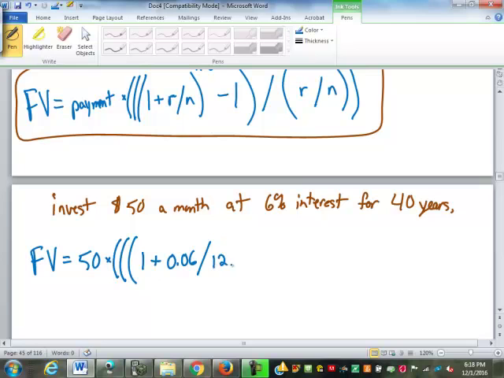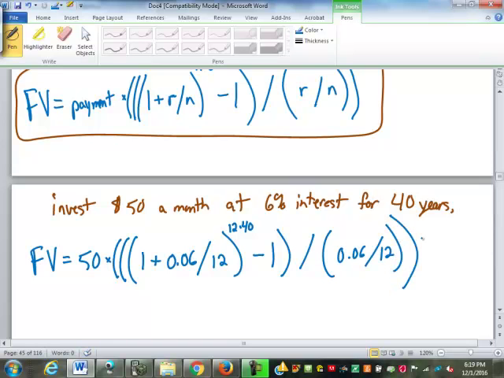So divided by 12. Close parentheses to the power of 12 times 40, minus 1, close parentheses, divided by, open parentheses, 0.06 divided by 12. Close and close. Now again, just because it's easier for me, I'm going to cross off the 12 times 40 and put in 480 there.